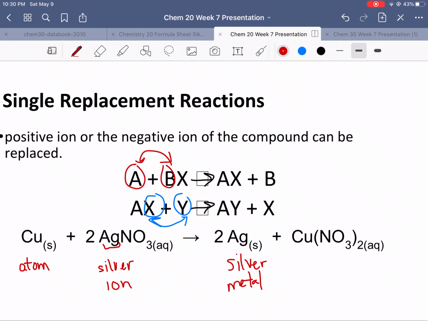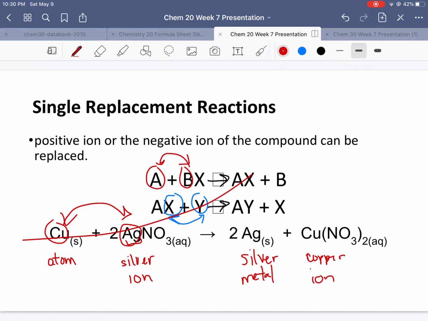Things have changed. And copper is no longer a copper atom. It is now a copper ion over here. So when these get kicked out, they don't remain ions. They go to the element form. They become atoms. Definite, distinctive difference. It is, however, the two that have potential to be cations that are the ones swapping.